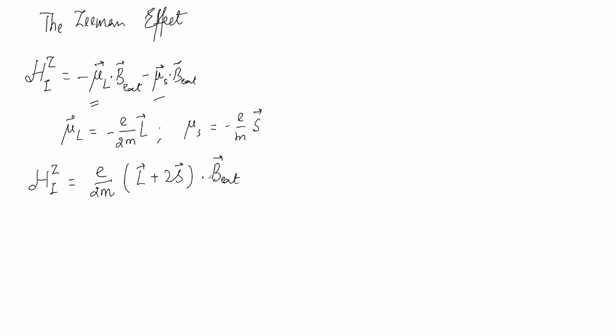This was the expression which I wrote yesterday, and then I told you that we already have an internal magnetic field because of the motion of the proton around the electron, and then we have this external magnetic field.